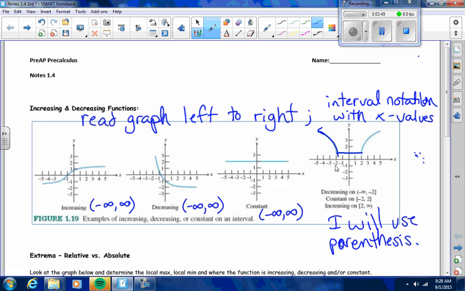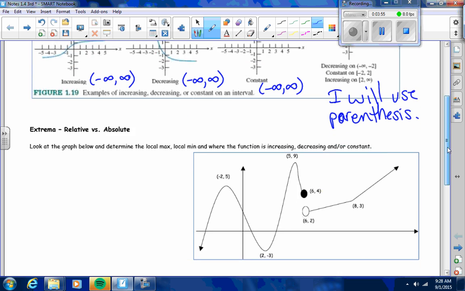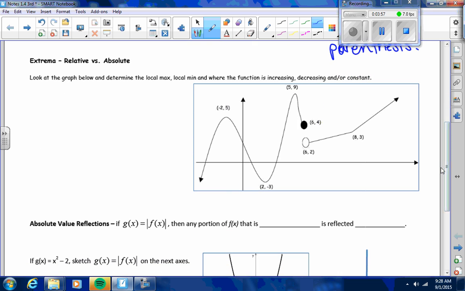Then let's look at an example. We're going to be talking about the increasing, decreasing, and constant, but we're also going to talk about maximums and minimums. So when you see the word extrema, extrema means extremes, and so that means maximums and minimums.